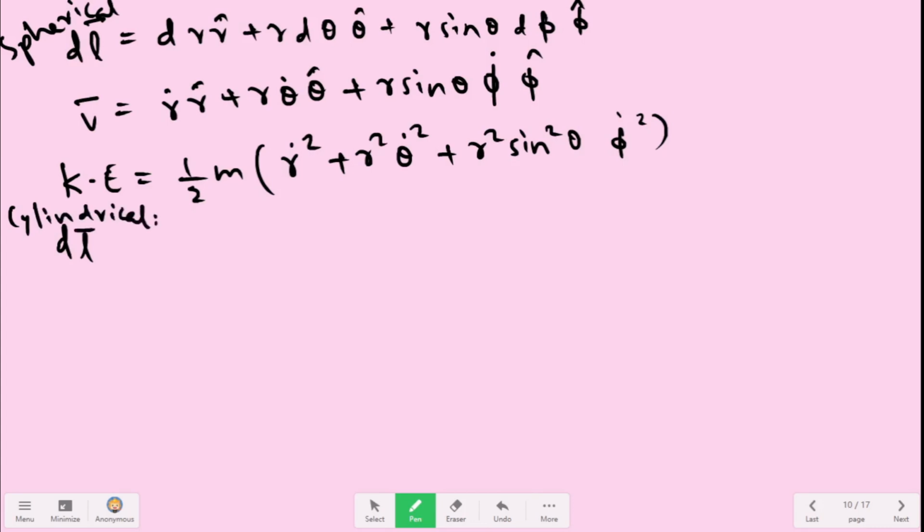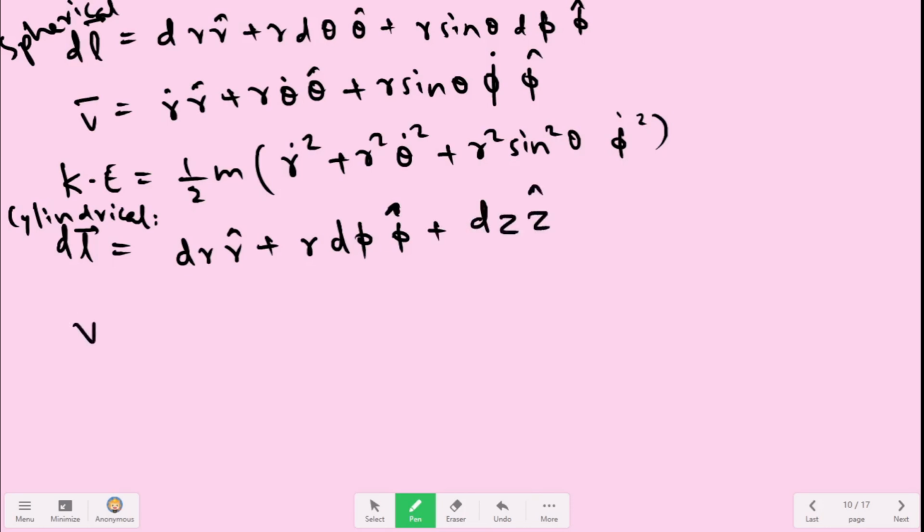In cylindrical coordinate system, dl = dr r cap + r dφ φ cap + dz z cap.